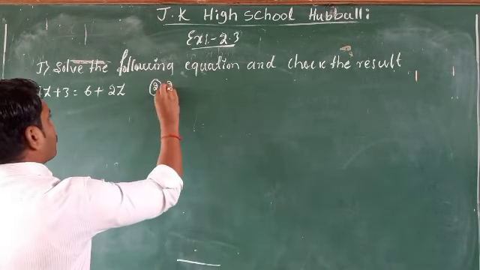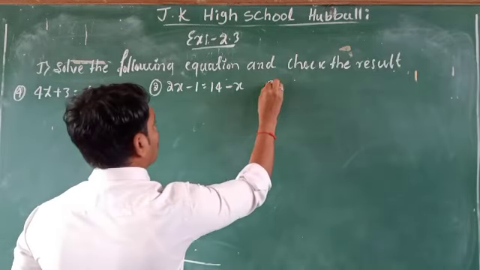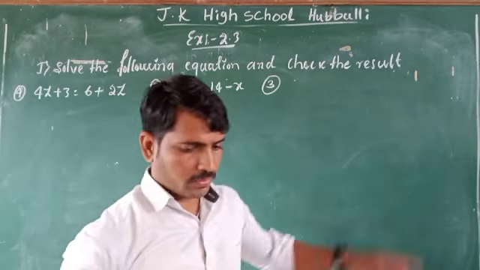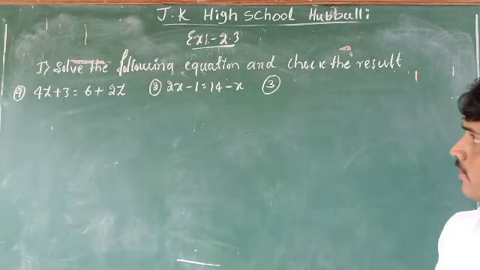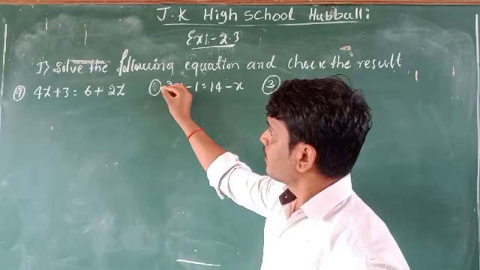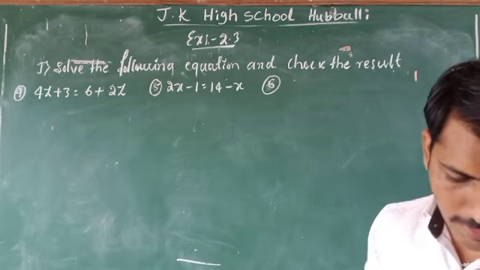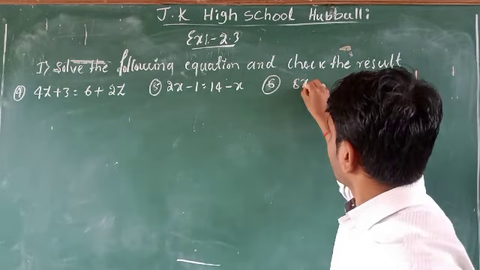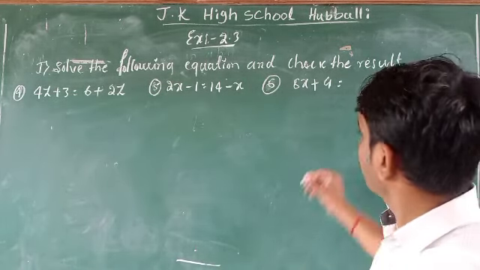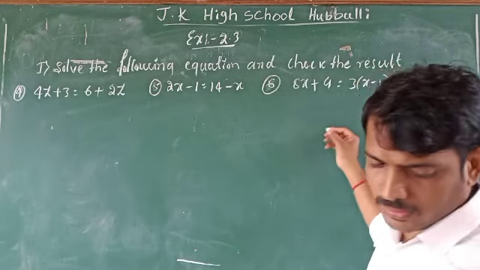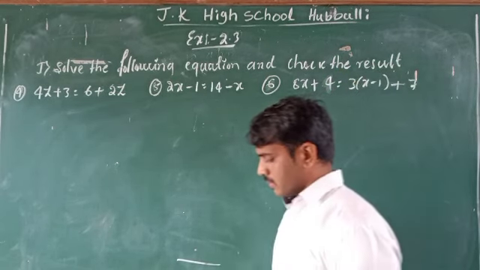Question number 6: 8x plus 4 is equal to 3 in the bracket x minus 1 plus 7. So I will solve one by one.